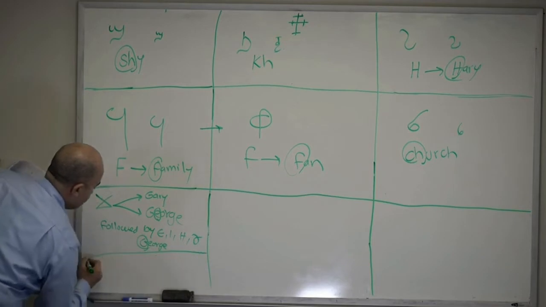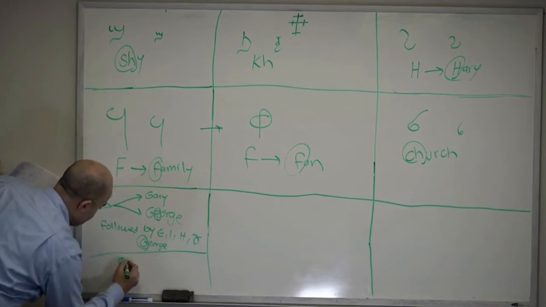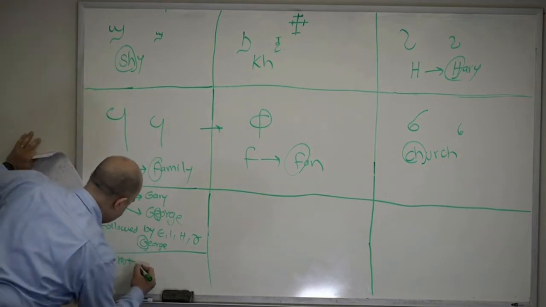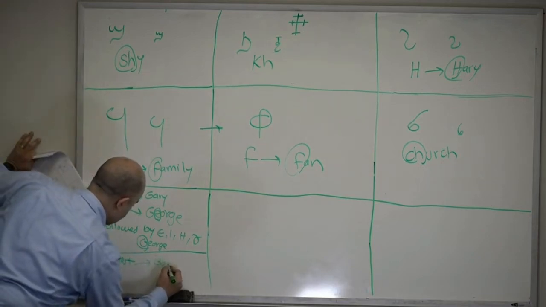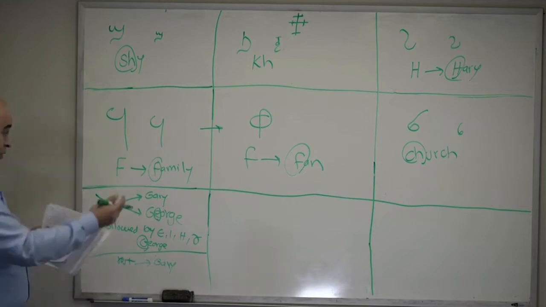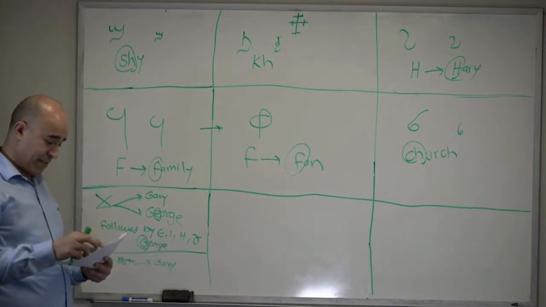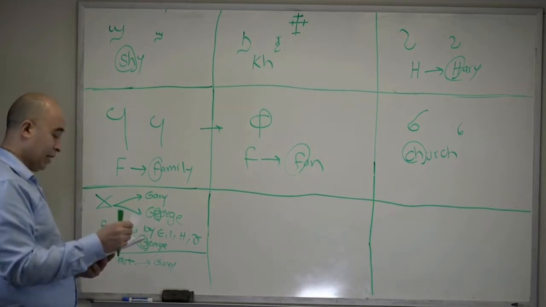Otherwise, the rest is just basically G like in Gary. So now we know why George is actually George. That E actually exists in the name George.